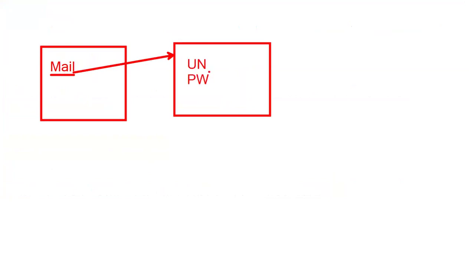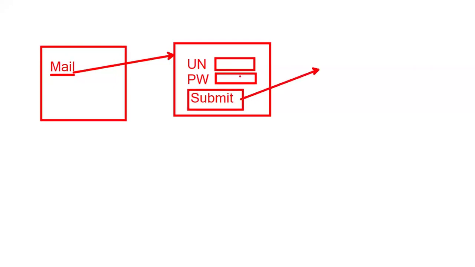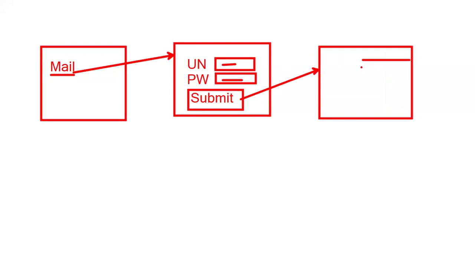If we click on this hyperlink, another page opens. Here are username, password, submit, reset buttons. When you click on the submit button, your username and password are received by another program, and your inbox is displayed with mails.